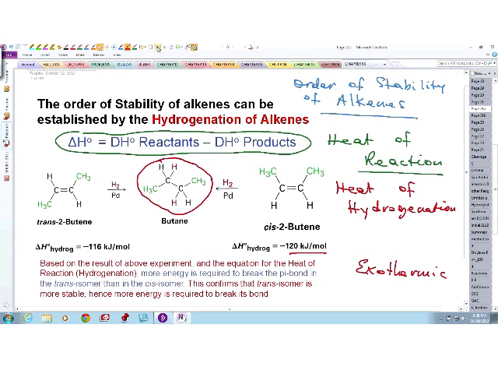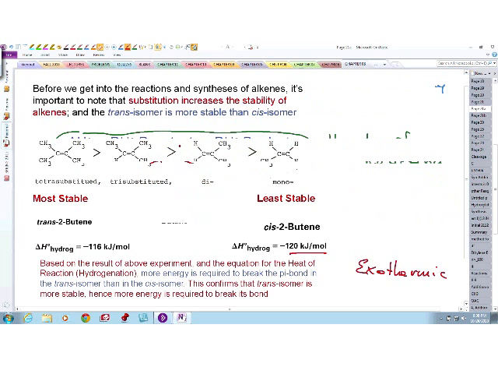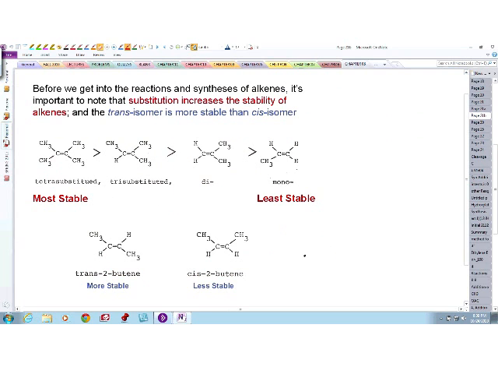Now, let us now go to it. So now this is the order of stability. Okay, before I discuss it, let me give you this here. If I have this molecule here, this is ethylene. That's the common name for this, or ethene, if you want to use the IUPAC name.